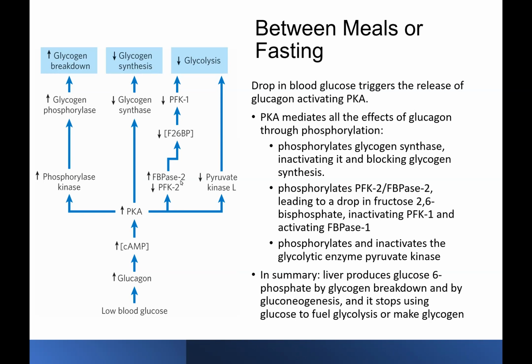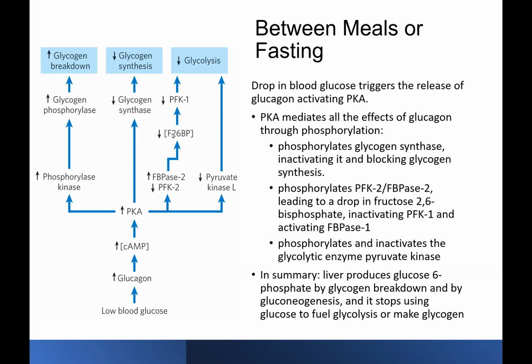And remember, when this is phosphorylated, what happens? The FBPase2 activity goes up, right? And anytime you see that ase ending, that phosphatase, that in general means we're dephosphorylating this compound, and we're lowering its concentration.